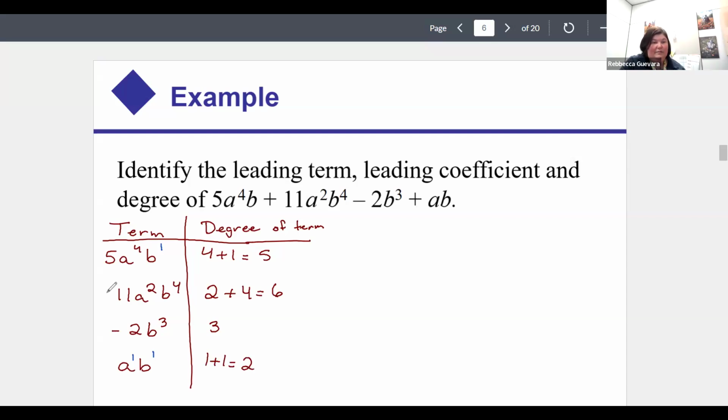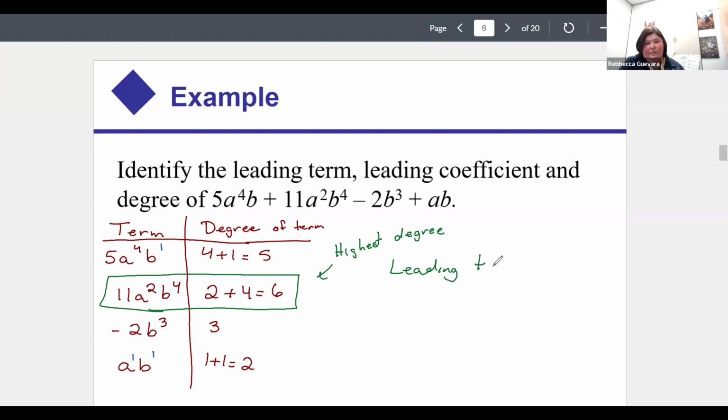So what we see is that this has to be my leading term. That's the highest degree, so my leading term is going to be 11 a squared b to the fourth. My leading coefficient will just be that 11.